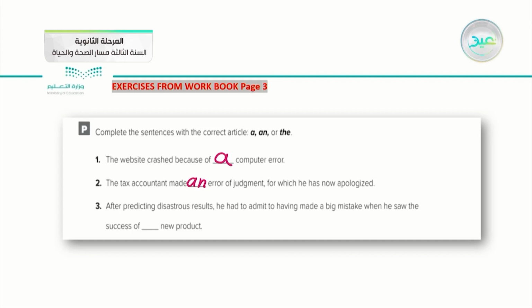After predicting disastrous results, he had admitted to have made a big mistake when he saw the success of space new product. So they were talking about that before. Which suitable article goes with new product? The, already we mentioned it at the previous part of our sentence.